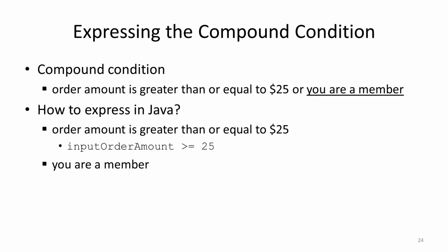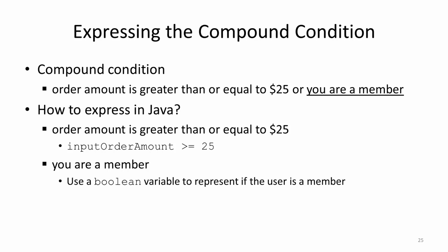Now for the second criteria, you are a member, how would we express that in Java? In this situation, either the user is a member or is not a member. It's one of those two things. What kind of variable do you think we can use to represent the state of the user being a member or not? Take a few seconds and pause the video.